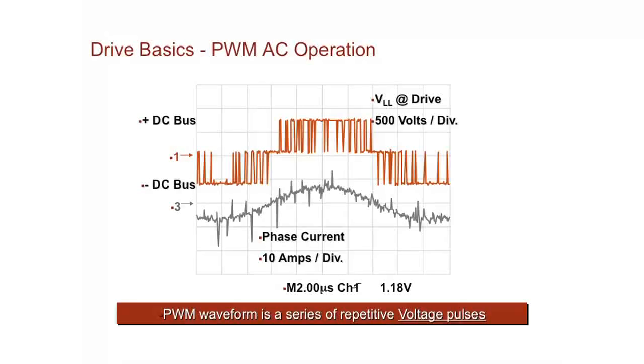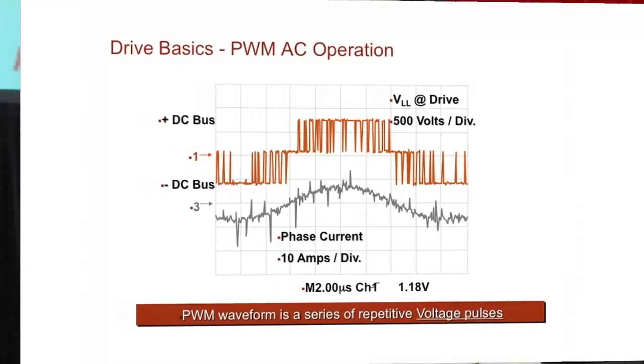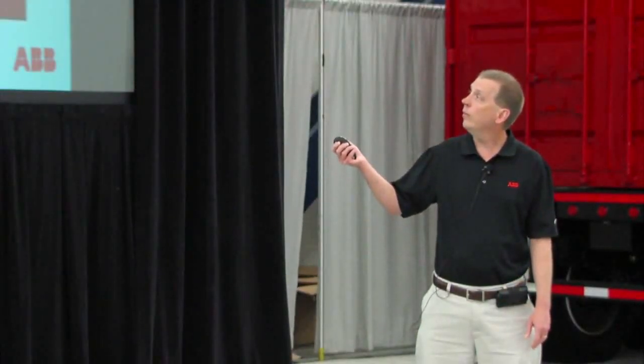And then we can vary the width of those pulses in something we call pulse width modulation to create a simulated sine wave. And when that PWM voltage signal gets run through a standard AC motor, we get a wave that's a little noisy, but it looks a lot like a sine wave.